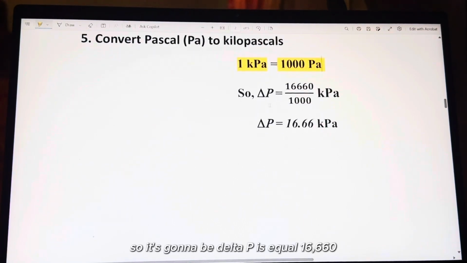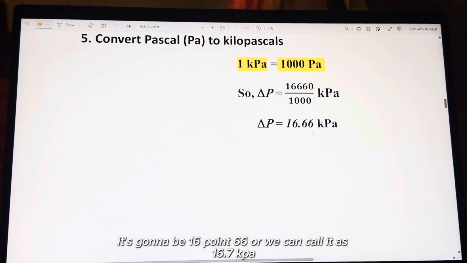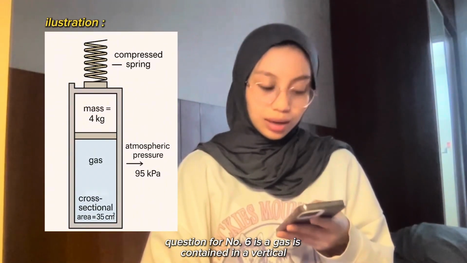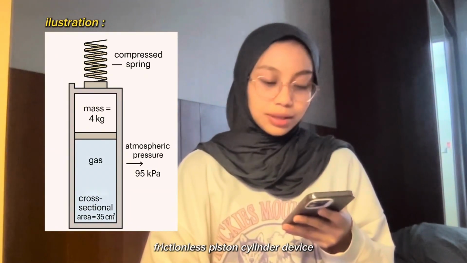So delta P equals 16,660 divided by 1000 in kPa, and the final value is 16.66, or we can call it 16.7 kPa.